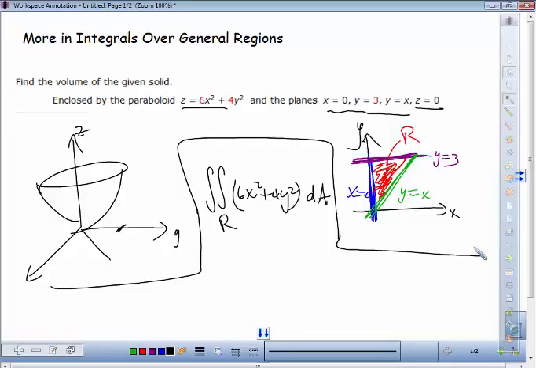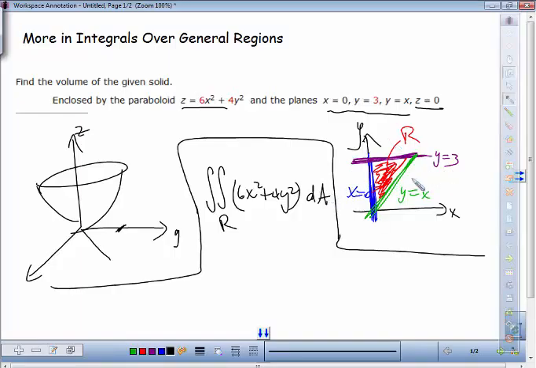From here, we have to figure out how we're going to integrate this. Again, we have a choice. In this particular scenario, it looks like we can choose either way. We can integrate with respect to x first or with respect to y first. Any suggestions?